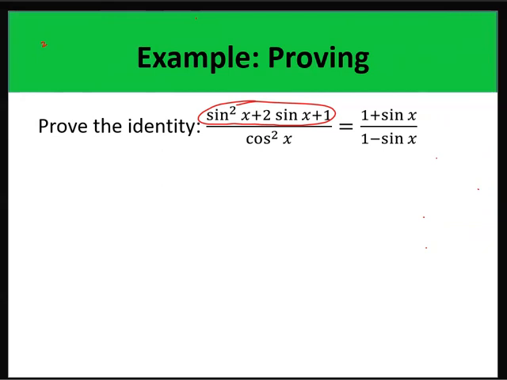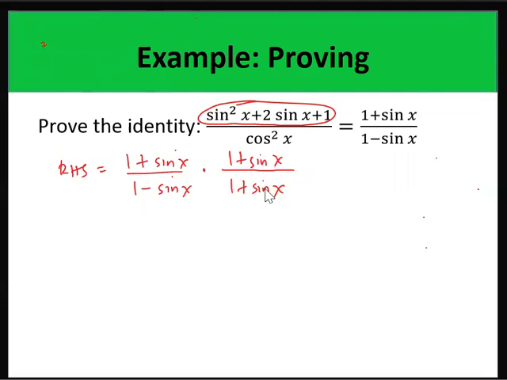So we start with the right-hand side. That's going to be 1 plus sine x over 1 minus sine x. So we have to multiply this by 1 plus sine x over 1 plus sine x.